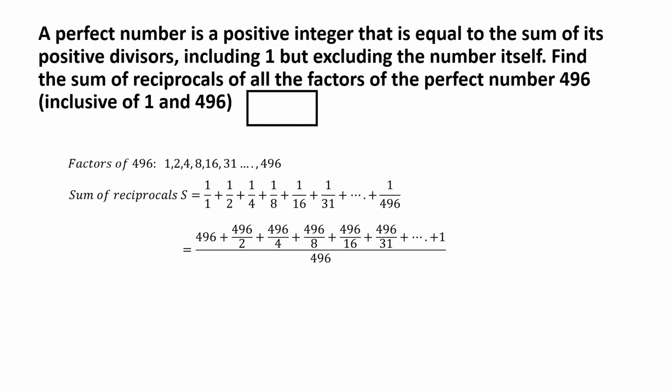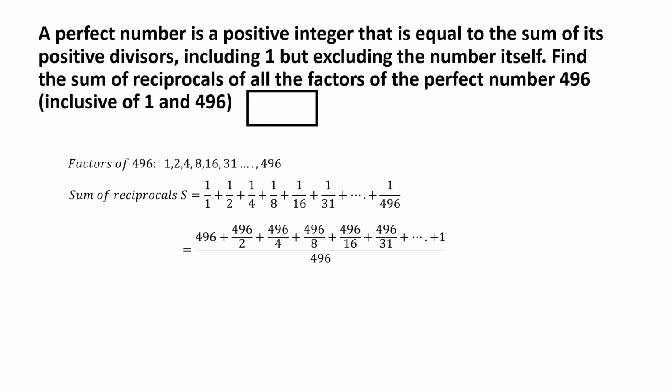And then the second term is 496 by 2, so I'm calling out the terms on the numerator. The third term is 496 by 4, and then we have 496 by 8, and so on. And the very last term is 496 by 496, which becomes 1. So those are the terms in the numerator when we have 496 in the denominator.